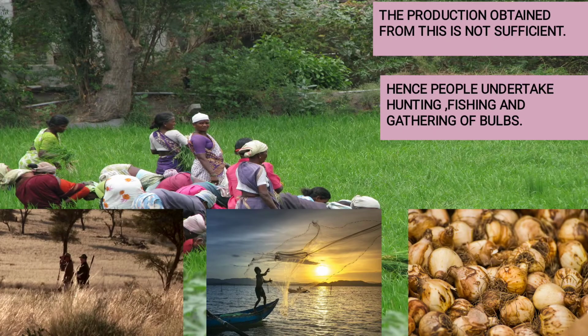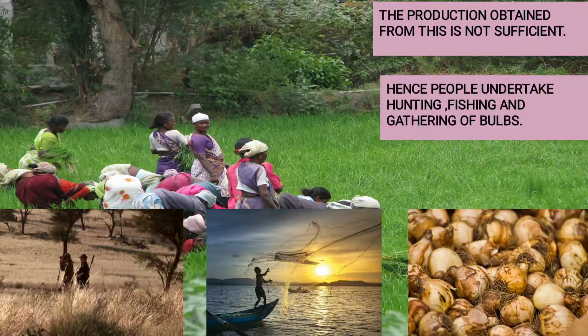The production obtained from this is not sufficient. That means even in shifting cultivation, whatever the produce is, it is not enough. Hence, people will take other occupations like hunting, fishing and gathering of bulbs. Now here in this picture you can see the hunter, you can see the fishing net and the man fishing, and you can see the bulbs. Now what are bulbs?